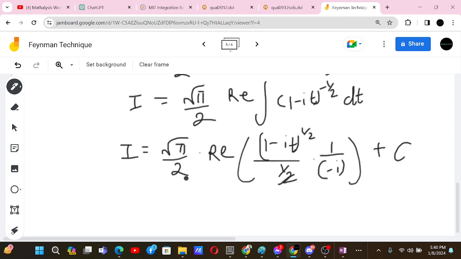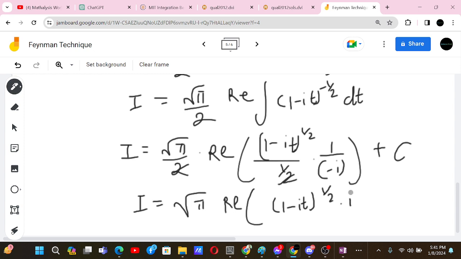Now 2 will cancel out, and 1 by minus i will be just i. So I equals root pi real part of 1 minus it to the power half times i plus c.